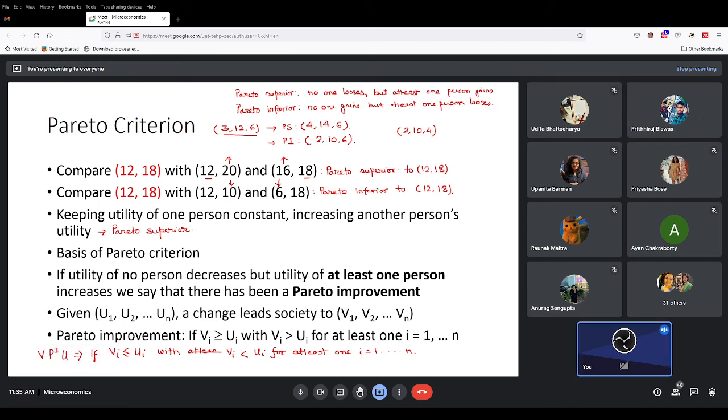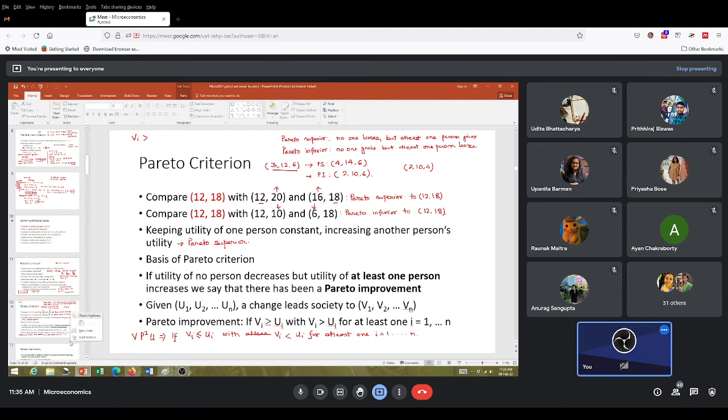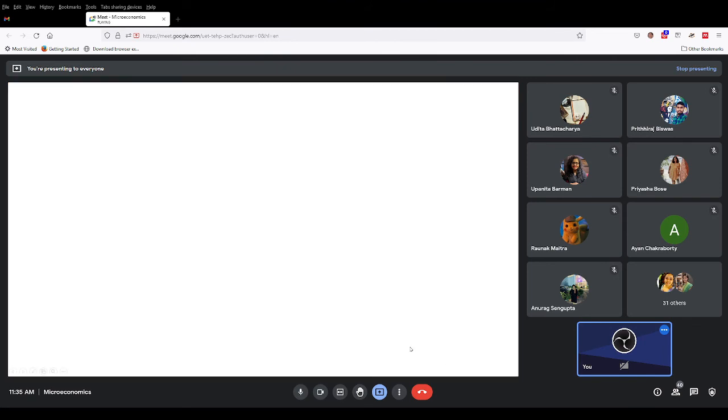See, Vi greater than or equal to Ui means that you can have two possibilities. Okay, since you are having a problem here, let us suppose this is u and this is v.